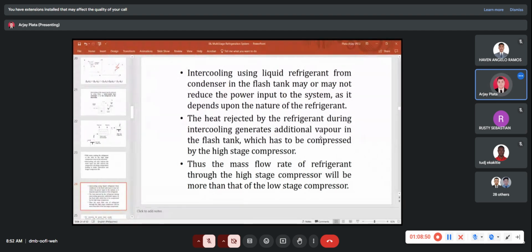Thus the mass flow rate of the refrigerant through the high stage compressor will be more than that of the low stage compressor. Depending upon the refrigerant that you will use, it is not guaranteed that you will reduce the power input to the system if we use intercooling. It still depends on the refrigerant, on its properties.